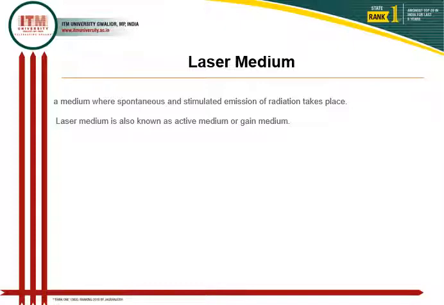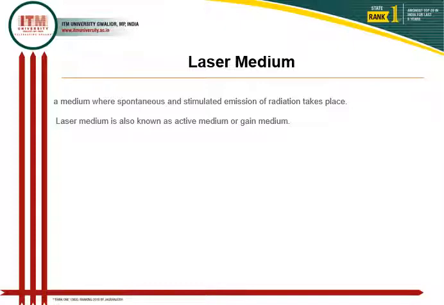If we want to create a laser, the most important thing is the lasing medium. The laser medium is the medium where we generate stimulated emission. Basically, this laser medium consists of two parts: the active center and the active medium. The active center consists of those atoms which are directly involved in laser action. Whenever we pump the system, these atoms directly take the energy and move to the excited state, and they give you laser action.